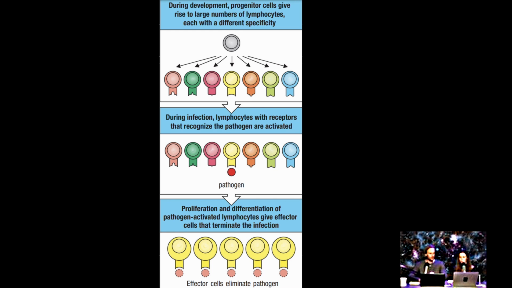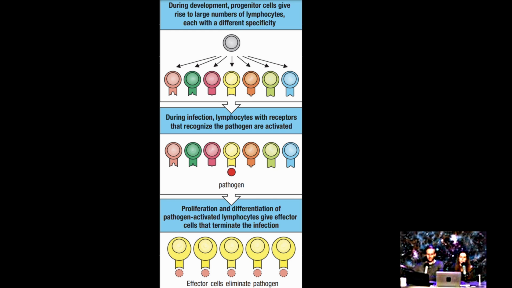And so in order to develop this kind of specificity, especially with the antibodies, but honestly, this is true to some extent of the T cells too, you have to hone a specificity. Maybe move this into the center a little bit so you can see. We're talking about the generation of specificity here. So you have a progenitor cell that gives rise to a large number of lymphocytes.